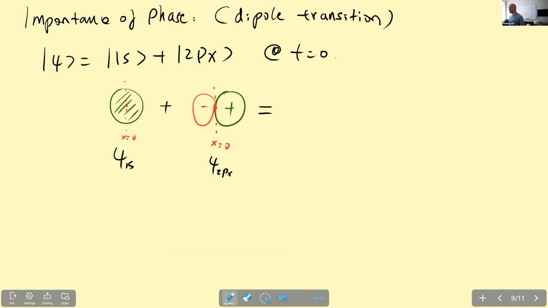Let's put this one as x equal to 0. On one side, both of the wave functions are positive, so you have a region where the wave function will be enhanced. But then on the other side, at a certain point, you can have destructive interference, so the wave function will be smaller.